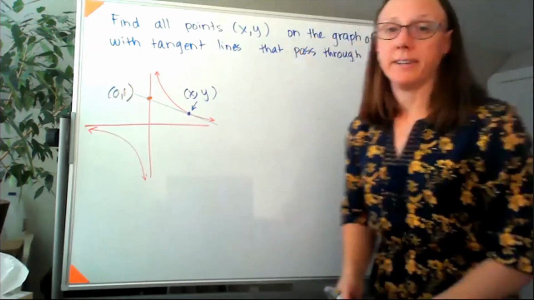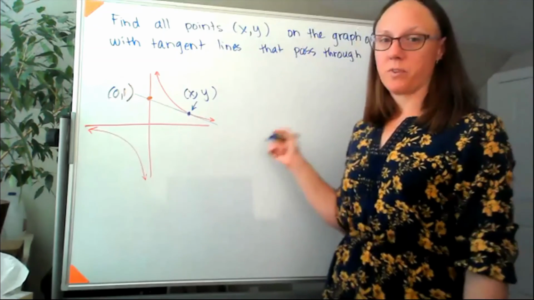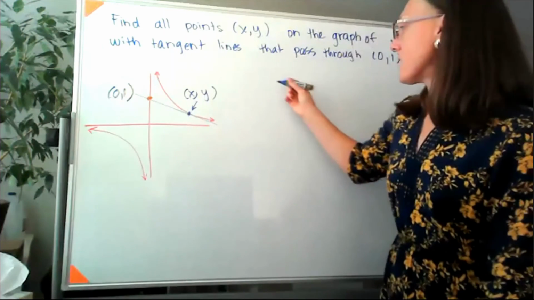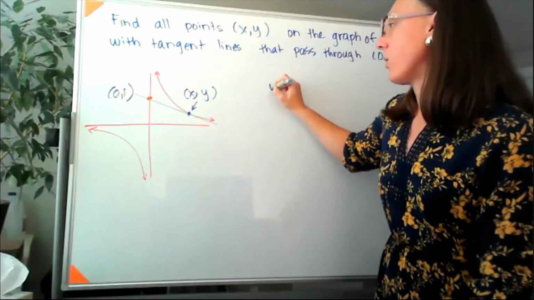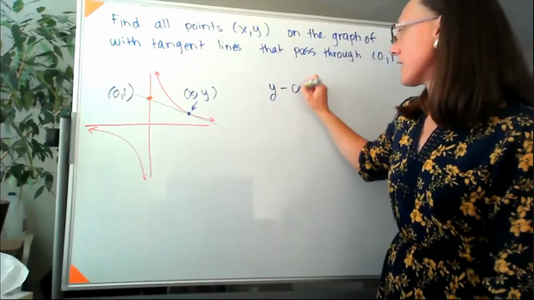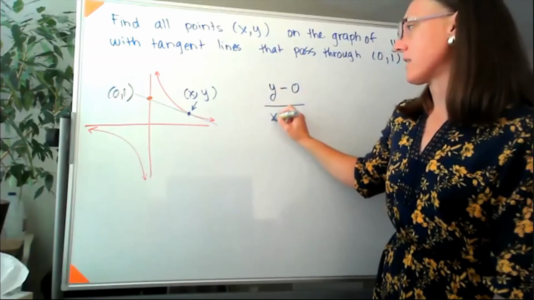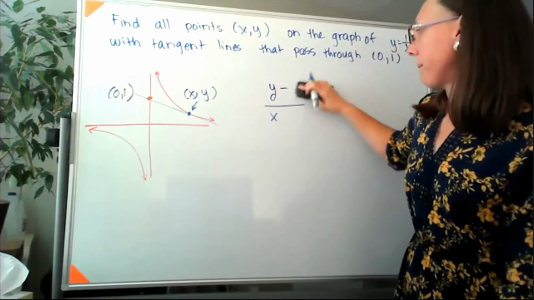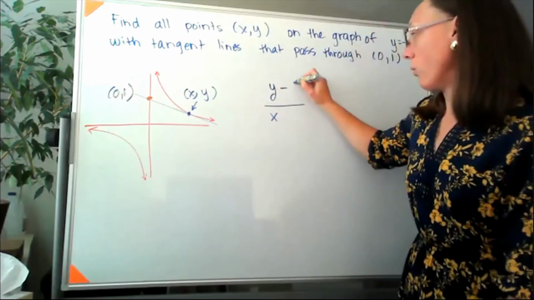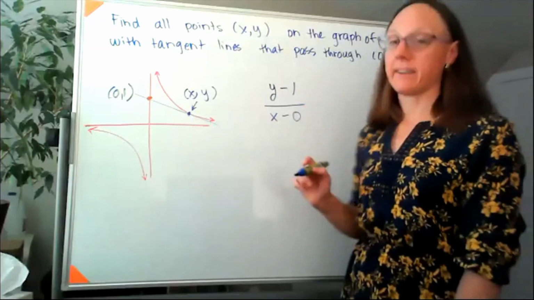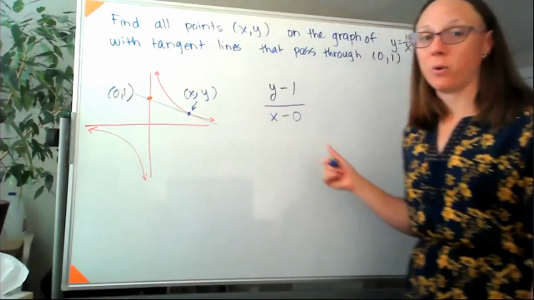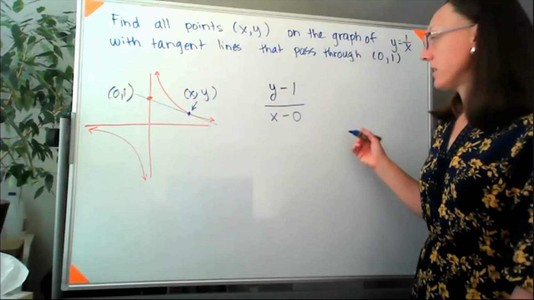Let's get going. So let's go old school slope. I mean change in y over change in x. So old school slope is going to look like y minus 1 over x minus 0. That's my old school slope between those 2 points.